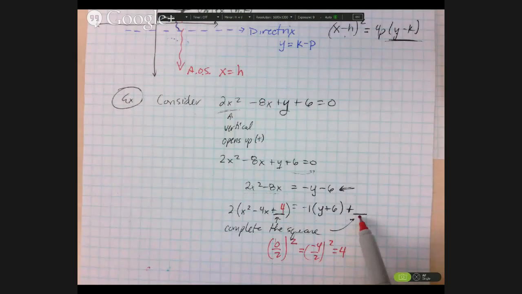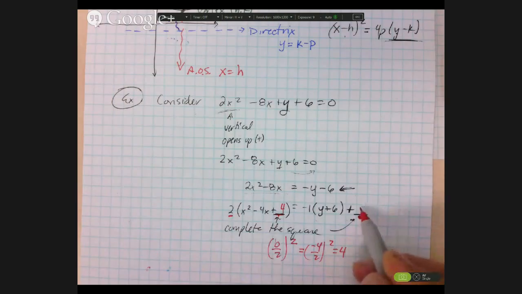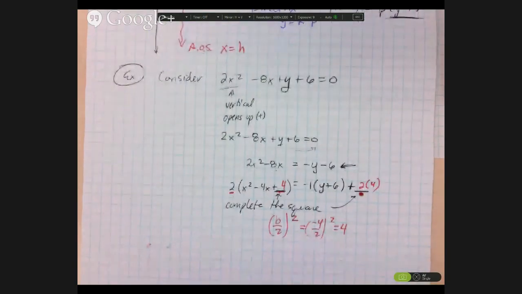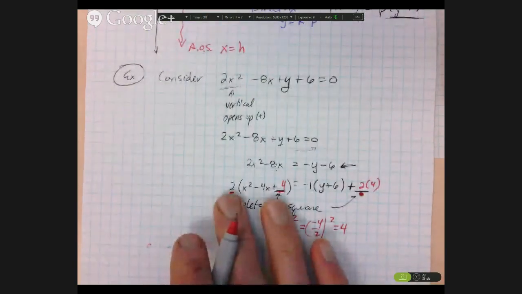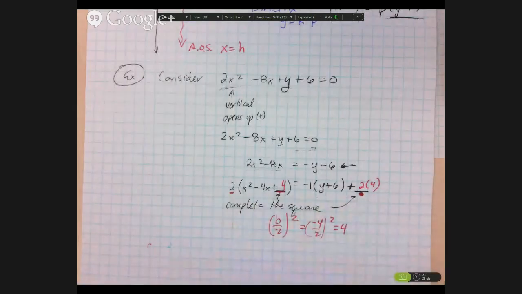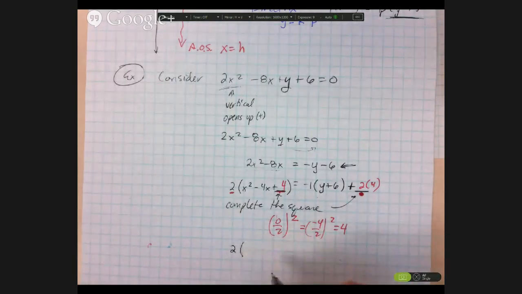No. Okay, your instinct should be 4, but the problem is there's a 2 out here that's multiplied by 4. So it has to be an 8, or 2 times 4. Okay. So whatever you do to the left side, here we did 4 times 2, you have to do to the right side. So we end up with, and then factor this.